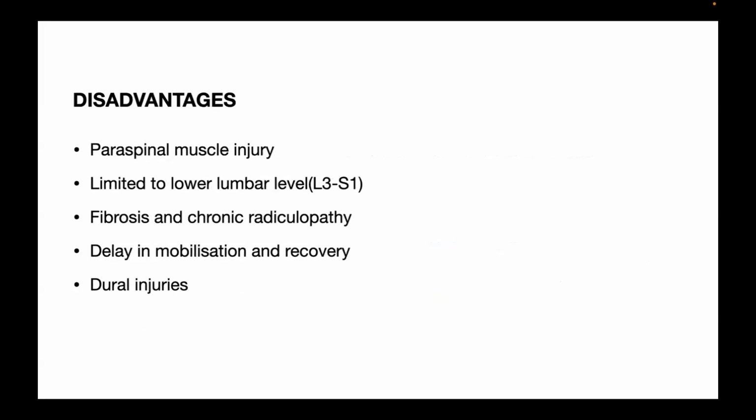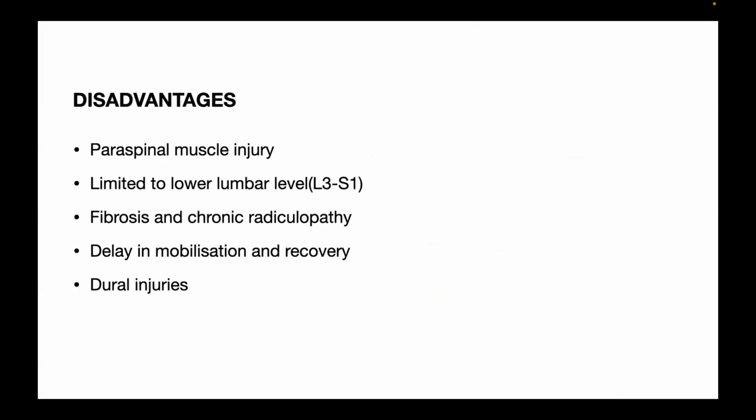Coming to disadvantages, the most common disadvantage is paramuscular injury due to prolonged retraction of the paraspinal muscles. Since there is exposure of the neural elements and thecal sac, this procedure is limited to the lower lumbar levels from L3 to S1.